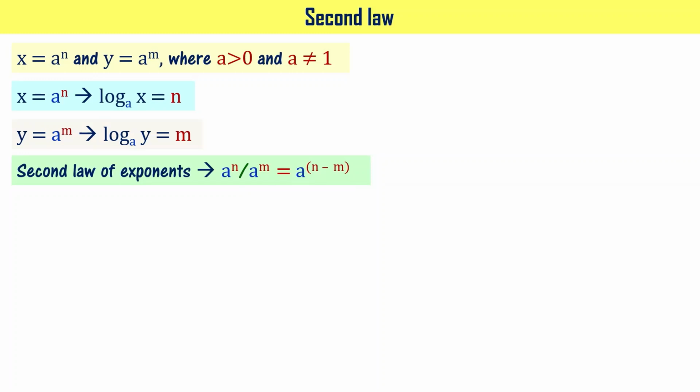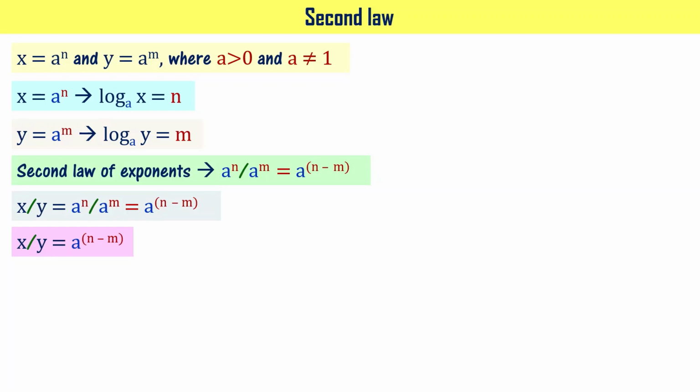The second law of exponents says that a power n divided by a power m equal to a power n minus m, right? As per this, if I write x by y, that is equal to a power n divided by a power m, that is equal to a power n minus m. So now I can write it as x by y equal to a power n minus m.